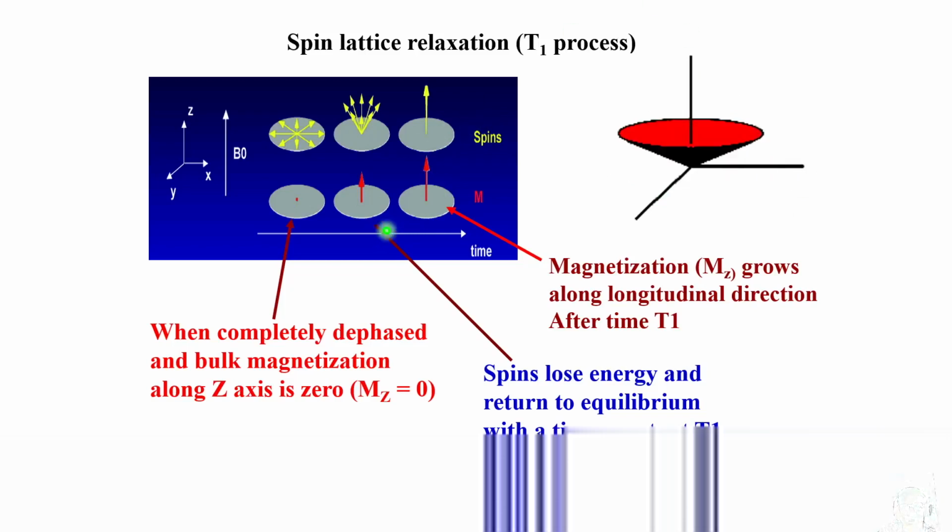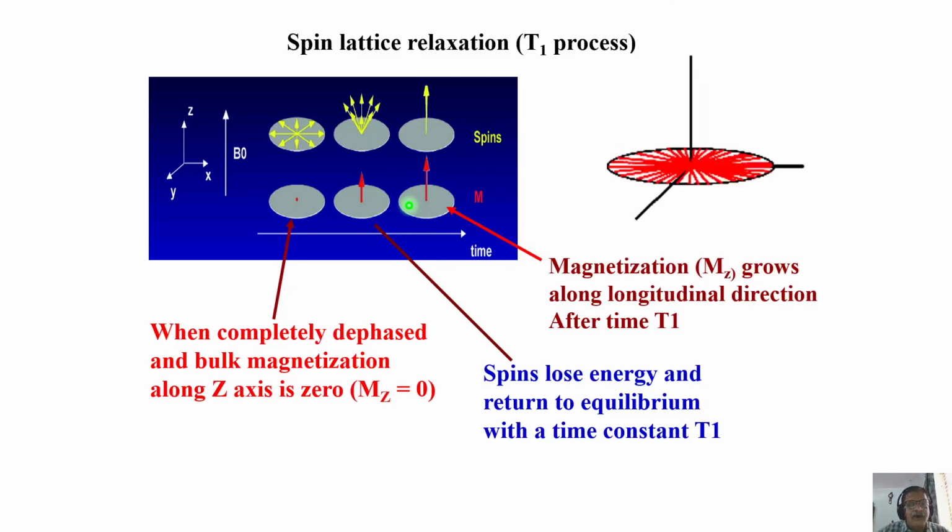And here the spins will start losing energy and give the energy to the system. Because you have already disturbed it by giving a radio frequency signal, it has gained energy. The system has to attain equilibrium, which means it has to give energy to the surroundings. It loses energy and goes to thermal equilibrium with this time constant.